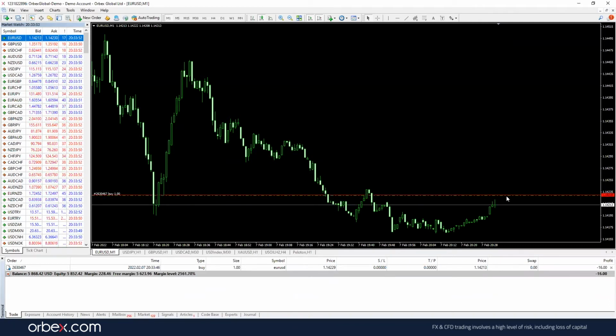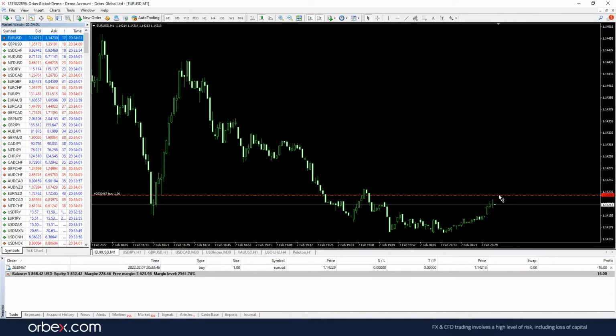And in order for me to make a profit, I need the price to close past the bid line. So I need this bid line to push up past where I opened my trade just now, which is the green dotted line. So just bear in mind that even if you open a buy and a sell position at the same time, due to the spread, you won't be in a profit until you move past that particular line.